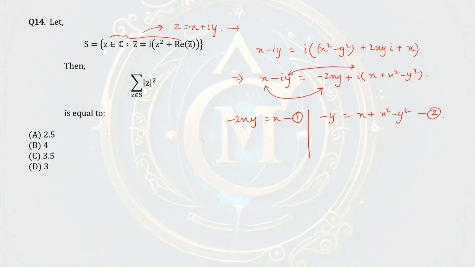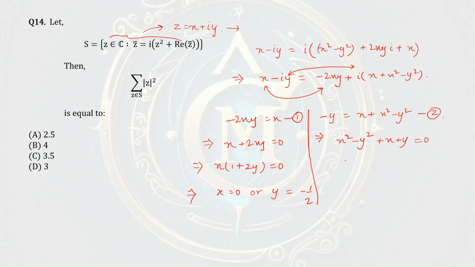Now from equation 1 we get x plus 2xy is equal to 0. That means x into (1 plus 2y) is equal to 0. That means x is 0 or y is equal to minus half. There are two possibilities. Now from equation 2 we get x square minus y square plus x plus y equal to 0.